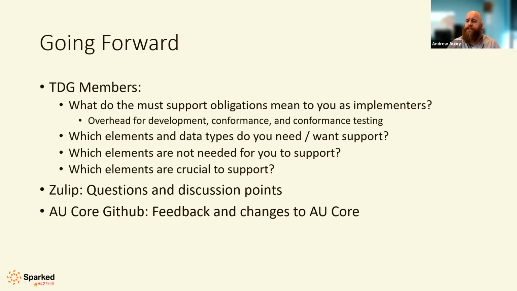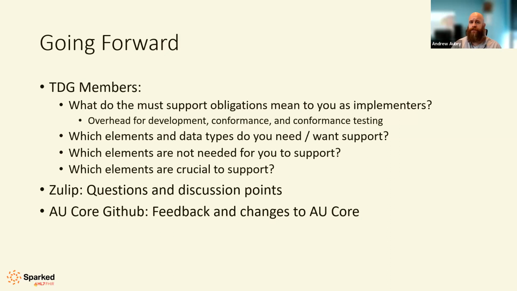So as a TDG member, you should really be evaluating, what do these must support obligations mean to you? What do they mean to your system? What do they mean to your implementation? As it currently sits, based on the elements that are labeled as must support, what is the overhead for your development, your conformance, and your conformance testing?